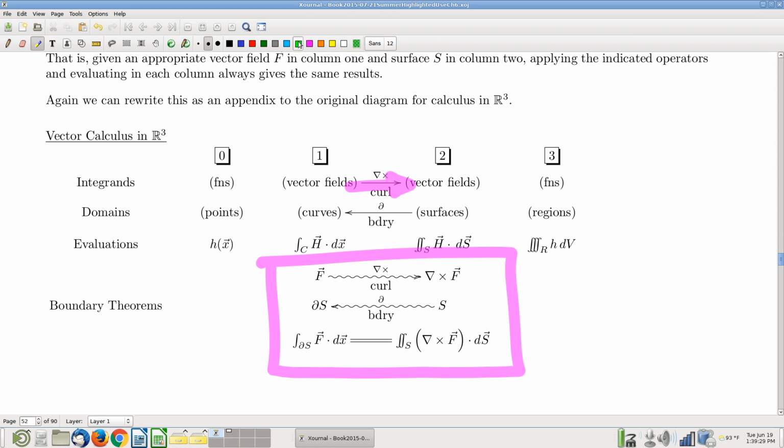And just a reminder of the pattern. If you take a surface, take its boundary, take a vector field, compute the curl, then the circulation of the vector field around the boundary and the flux of the curl through the original surface are the same thing. The pattern just keeps continuing. So I hope everyone has noticed the pattern and is comfortable with how it goes.